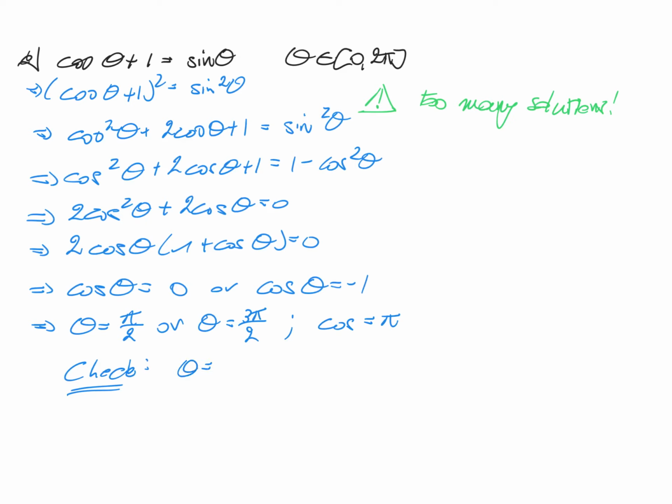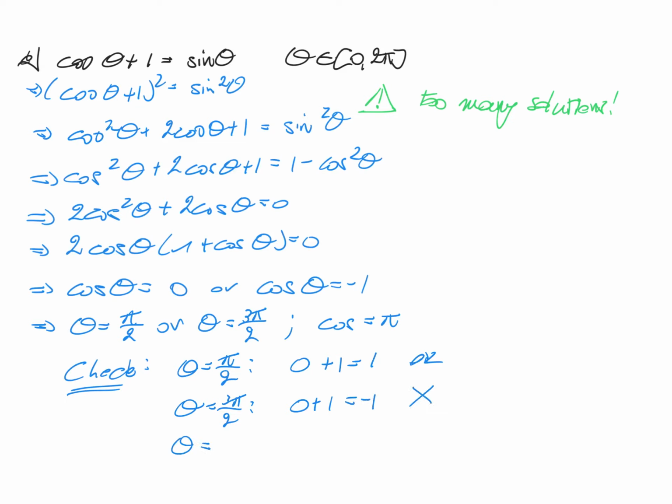If theta is pi over 2, then cosine of theta is 0 plus 1, and the sine of pi over 2 is 1, so this is okay. If theta is 3 pi over 2, cosine is 0 plus 1, but the sine is minus 1, this is not okay.